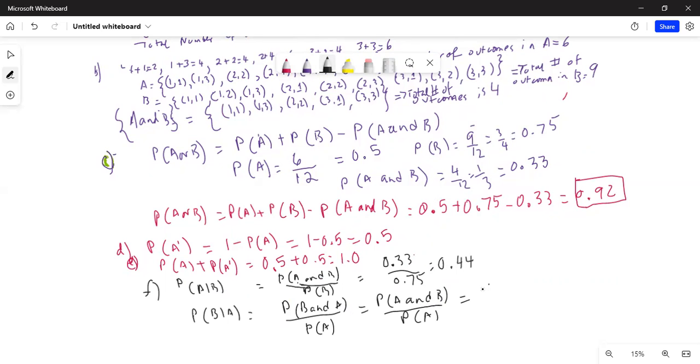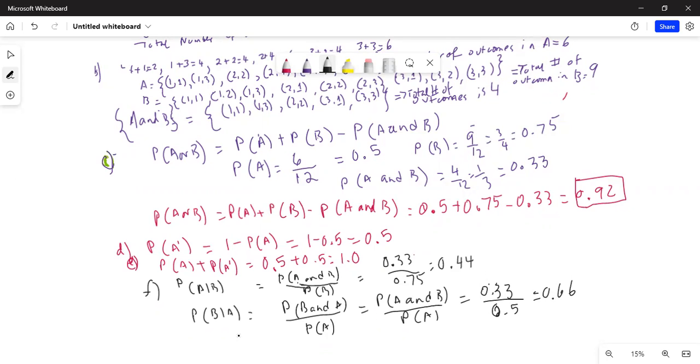We found out A and B is 0.33, and probability of A itself is 0.5. Probability of B and A is same as probability of A and B, which is 0.33 because it's 4 out of 12. So this is 0.33 divided by 0.5, and that is equal to 0.66.